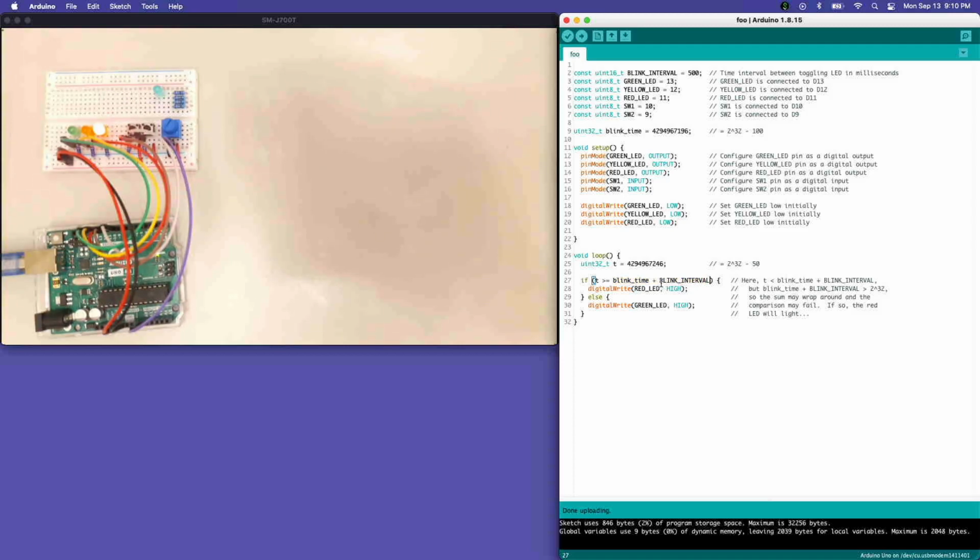And so the solution to that is to basically move this to the other side. And so we can just transpose this over to here and look at t minus blink time to see if that's greater than or equal to blink interval.